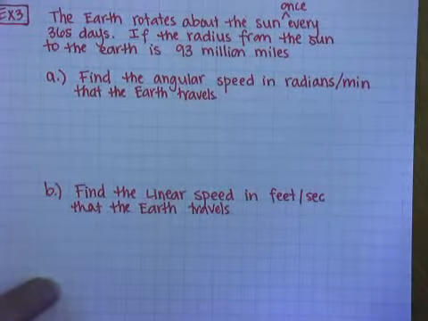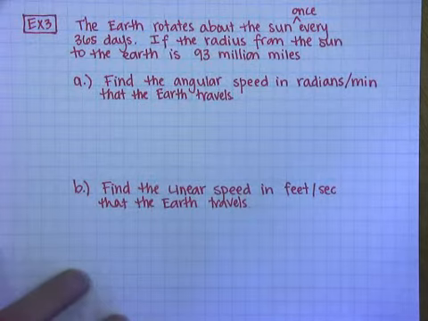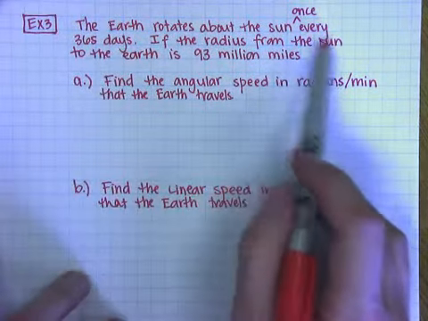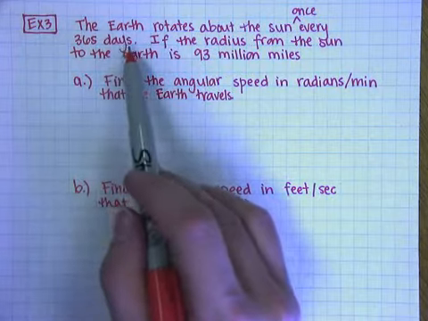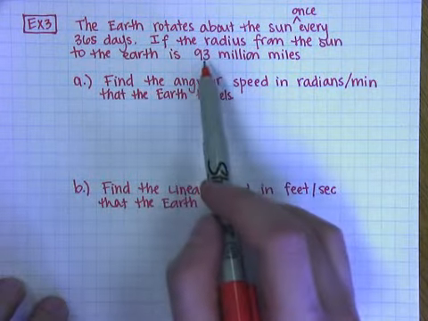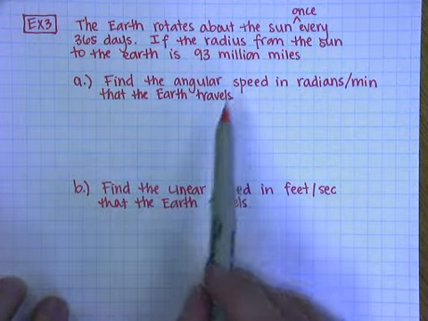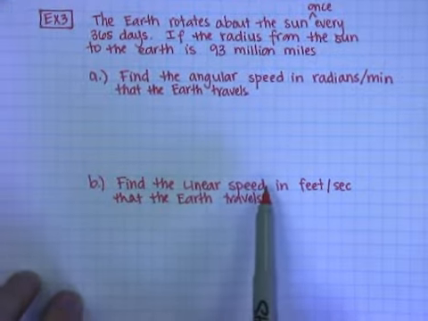All right, the last example we're going to look at today has to do with linear and angular speed. So in the setup of this problem, we have the Earth rotating about the Sun once every 365 days. If the radius from the Sun to the Earth is 93 million miles, we're going to find the angular speed the Earth is traveling, and we're going to find the linear speed.